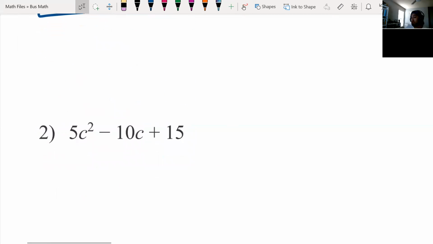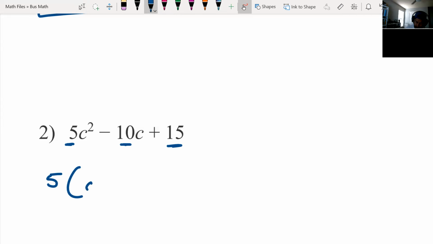Next, number 2. 5c squared minus 10c plus 15. So again, look at the numbers first. I have 5, 10, 15. What is the smallest number they have in common? 5. So we're going to factor a 5 out. So if I take 5 from 5c squared, what's left over?